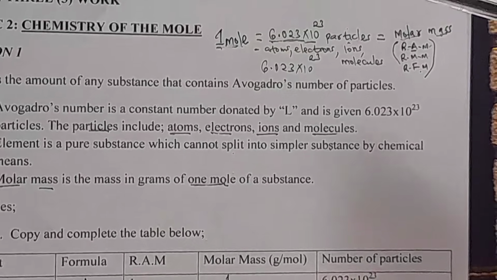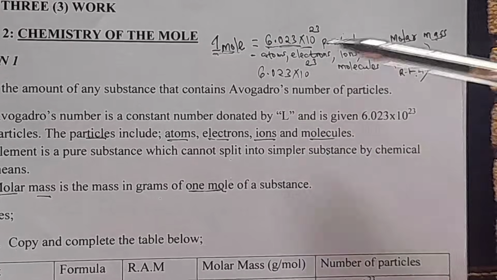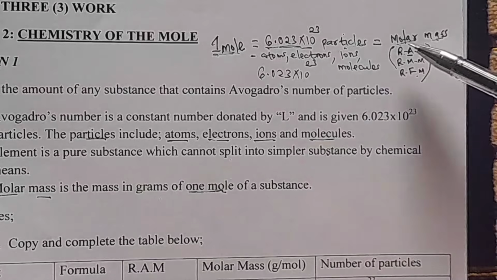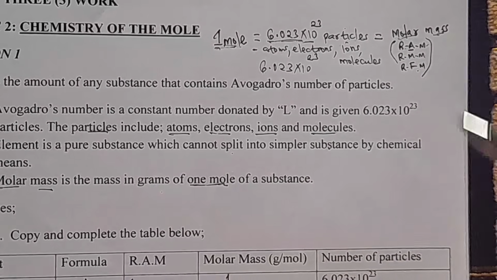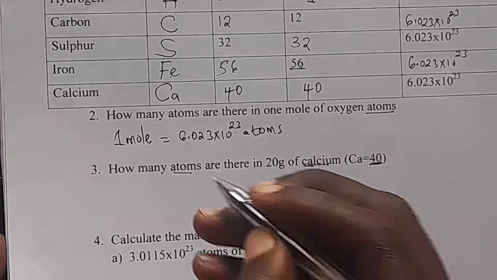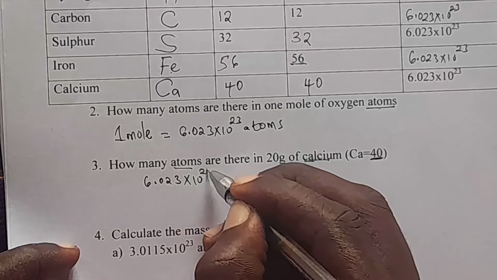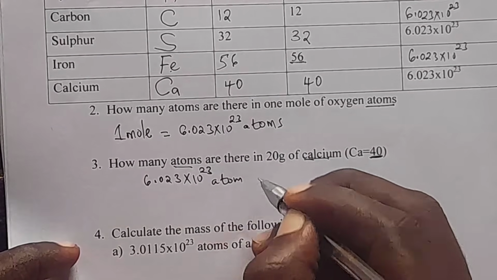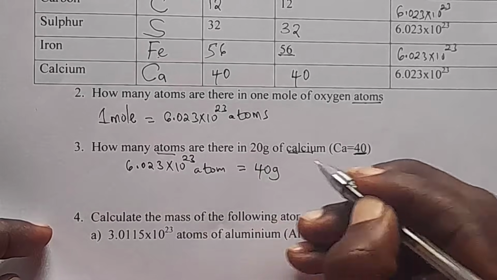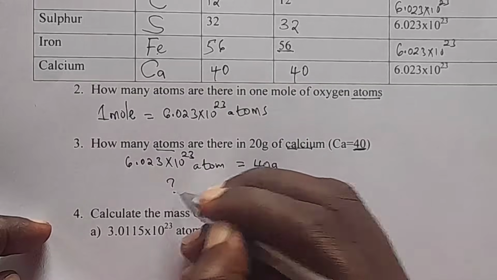We are told 6.023 times 10 power 23 number of particles, which includes atoms, because here they are asking us atoms, will be equal to the molar mass. And the molar mass of calcium is given in bracket, which is 40. So to relate, we are going to say 6.023 times 10 power 23 atoms will be just equal to 40 grams of calcium. So what about 20 grams of calcium, how many atoms is it going to give us?